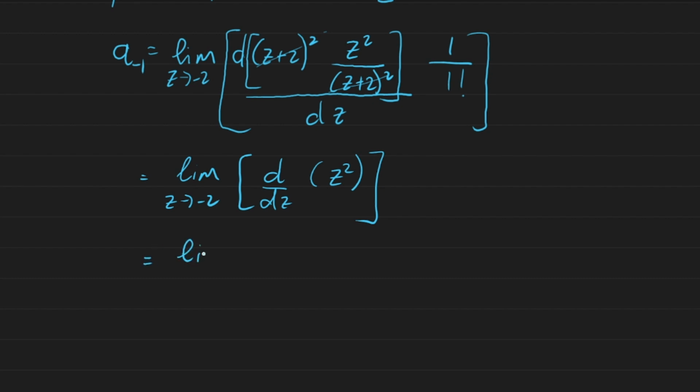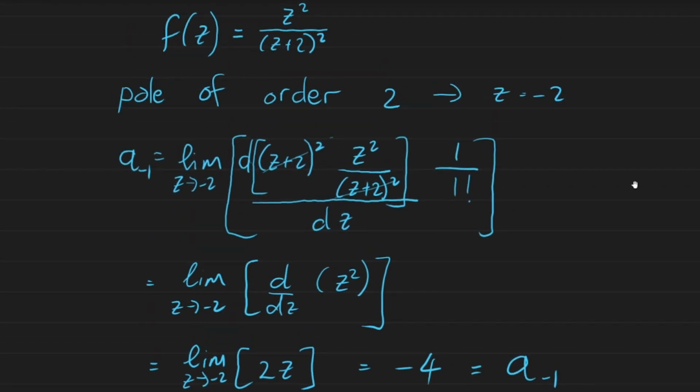So that is the limit as z approaches minus 2 of 2z, which is just minus 4. So this is what the residue is. And you can see that this much simpler approach, the shortcut for this particular scenario where we have a pole of a certain order, gives us a very simple way of determining the residue of a function.